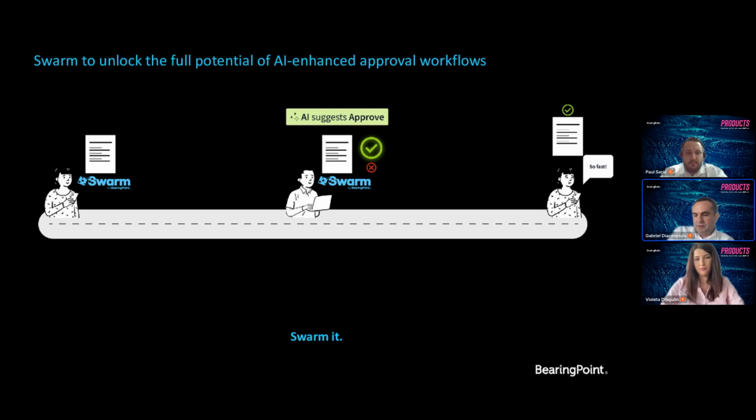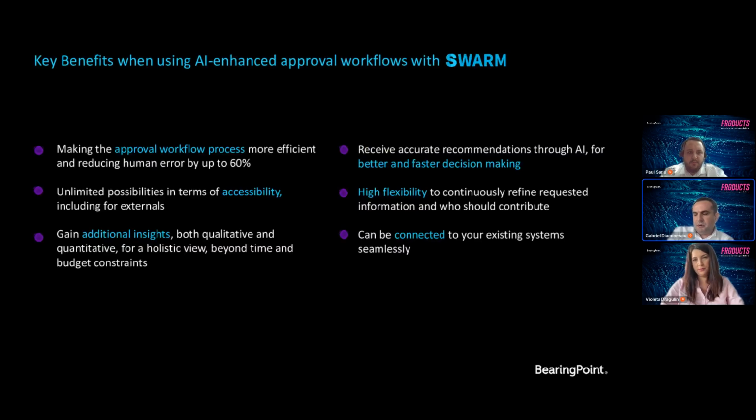So I think it's important to understand, before we go into an example, why did we do this? What are the key benefits of doing that? Firstly, we've seen from our measurements that we not only made it more efficient, but also reduced the natural human errors.